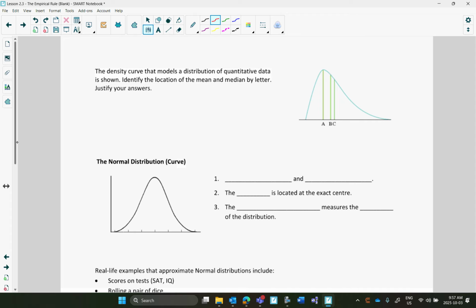Mean would be C and median would be B. The median would be B because they both come off the peak if it's skewed, but the mean more so than the median.